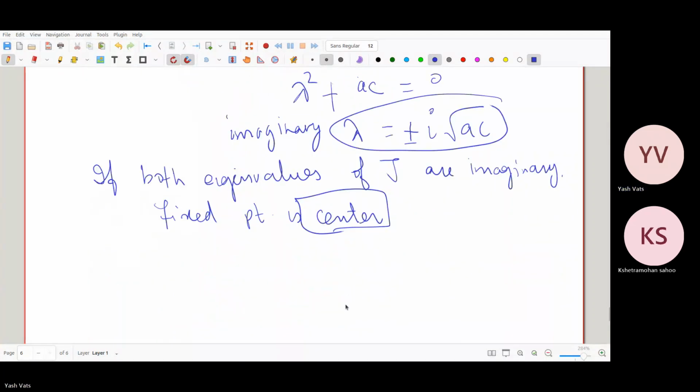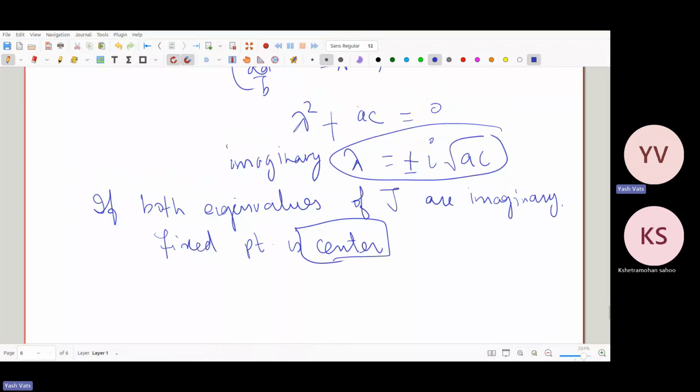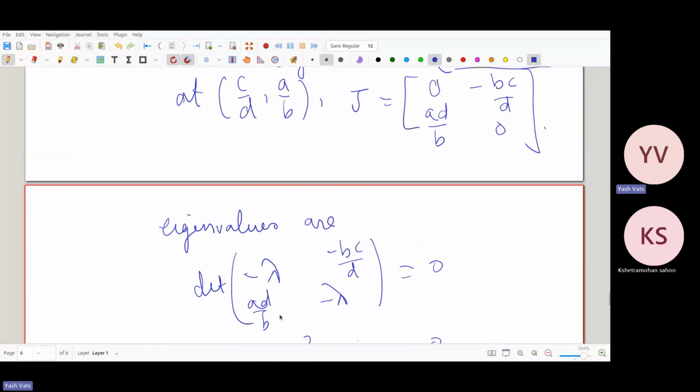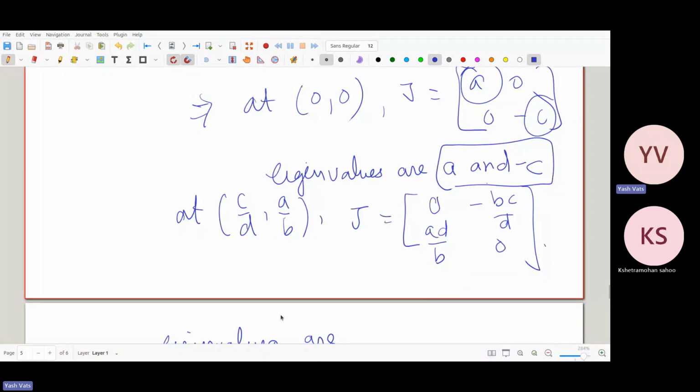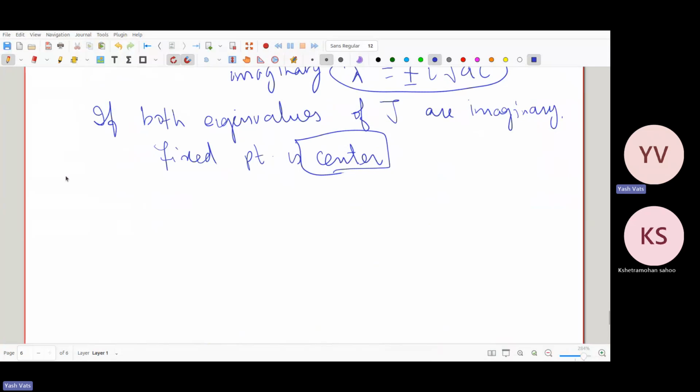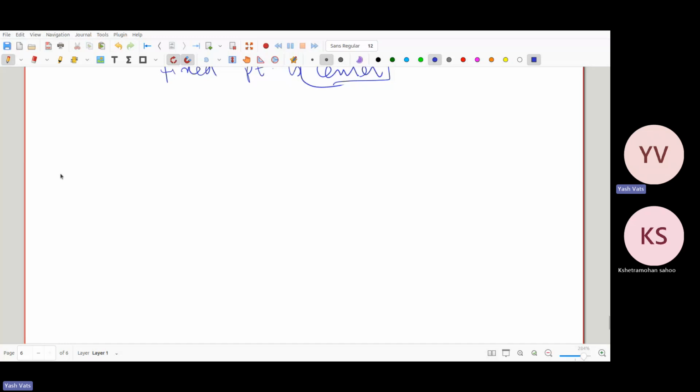And for (0,0), the eigenvalues are a and -c. In that case, one is negative and one is positive, so we have a saddle point. I'm just naming them. I'm not showing what they look like, but you can find it in your textbooks. It depends on which type of problem you are working on.